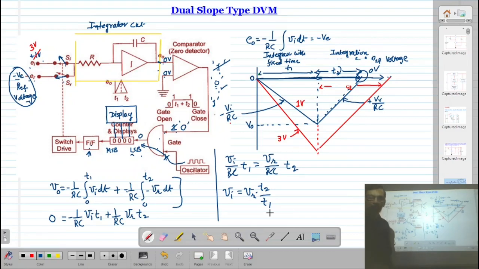Correct? Now what is T2 and what is T1? That you can write in terms of the number of clock pulses.